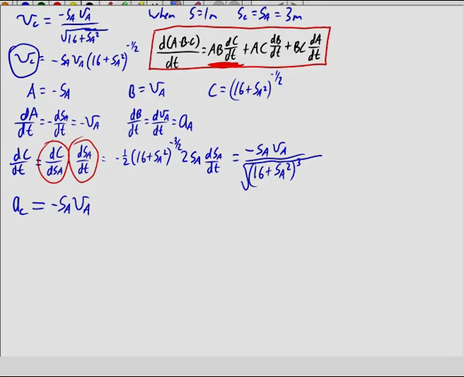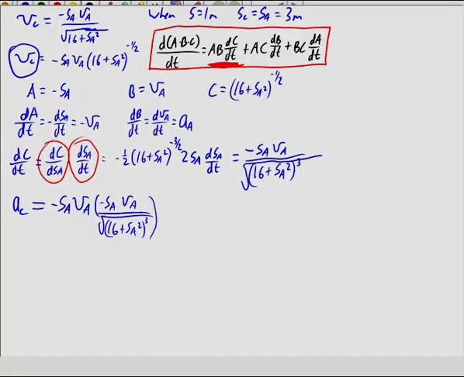Now I can plug that down here, and it's multiplied by negative SA VA over the square root of 16 plus SA squared cubed. Okay, that's the first term.